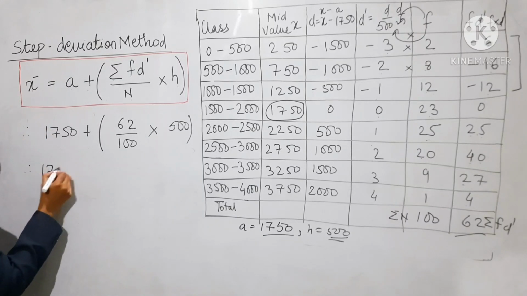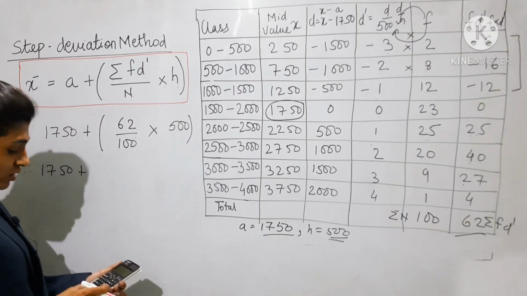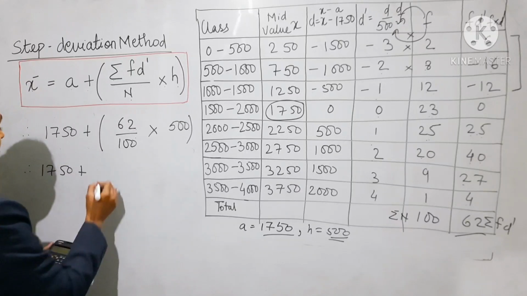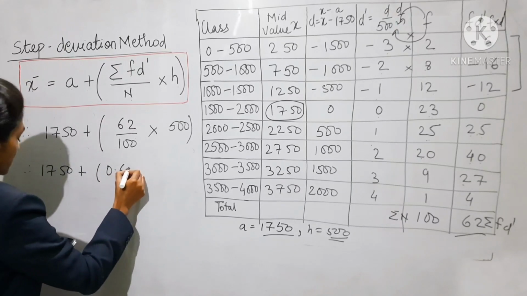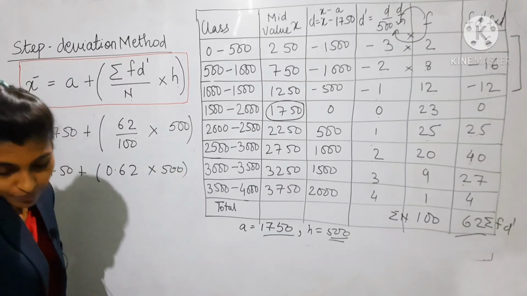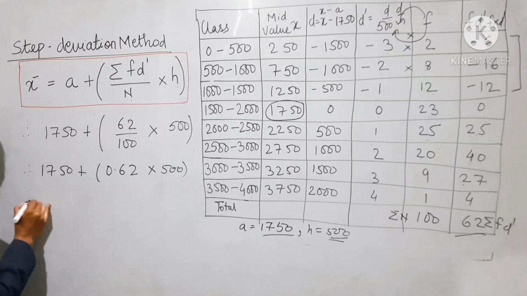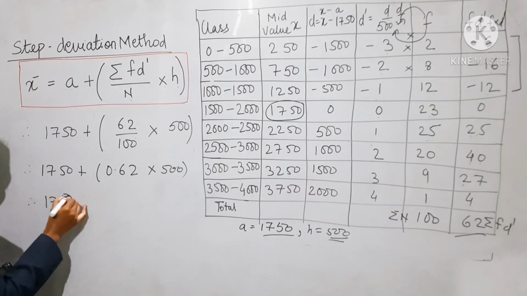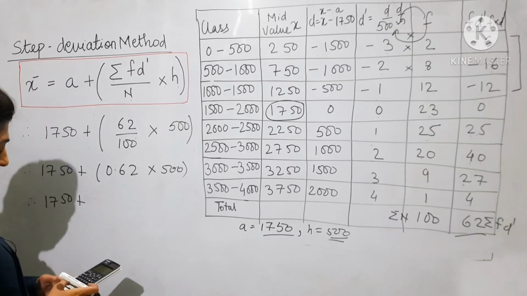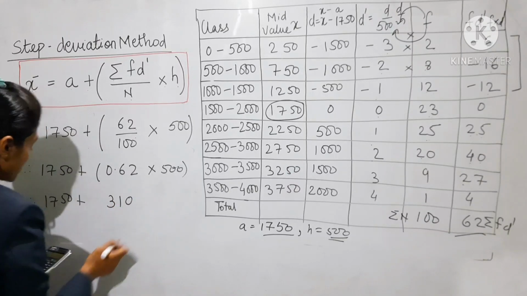Therefore 17,500 plus, divide this 62 by 100, we get 0.62 into 500. Therefore 17,500 plus 0.62 into 500, we get 310.